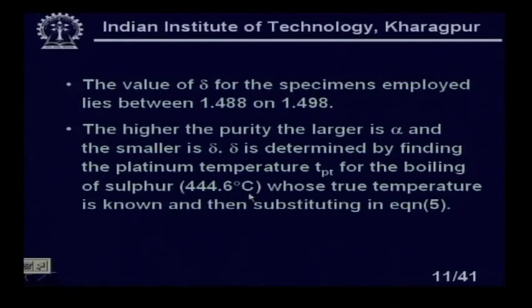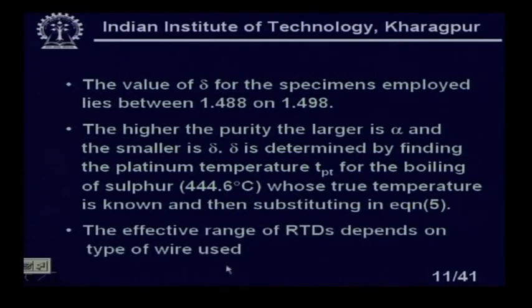Usually, as you know, a platinum resistance thermometer can be easily used up to the temperature of 650 degrees centigrade. So, we can take the temperature of 444.6 degrees centigrade, which is fixed for normal temperature and pressure, whose true temperature is known, and then substituting in equation 5 we can find it, right.